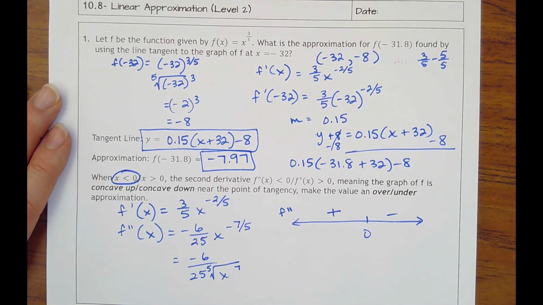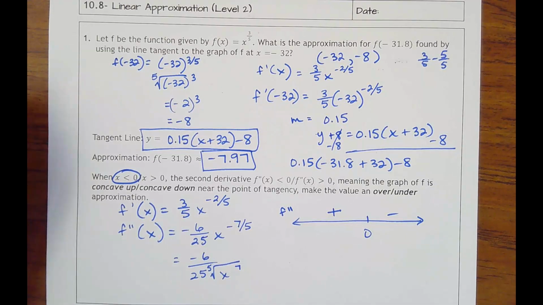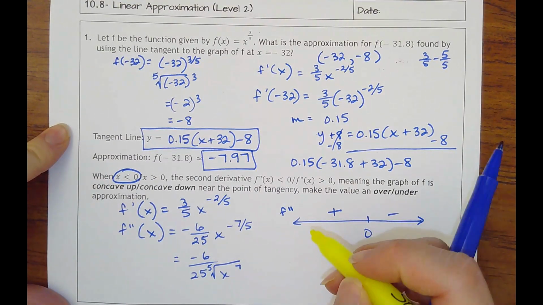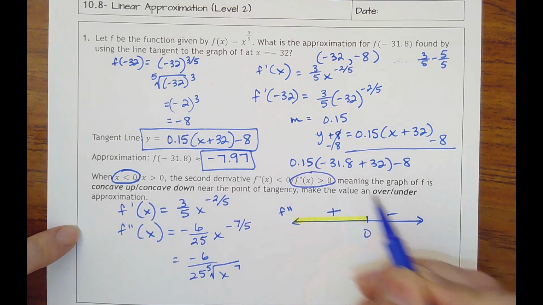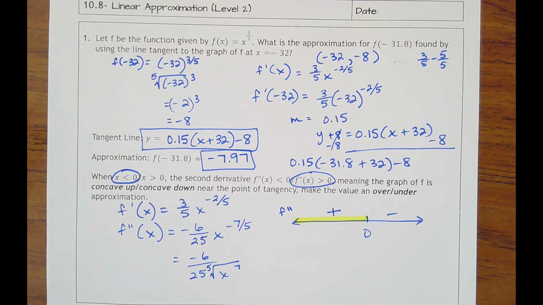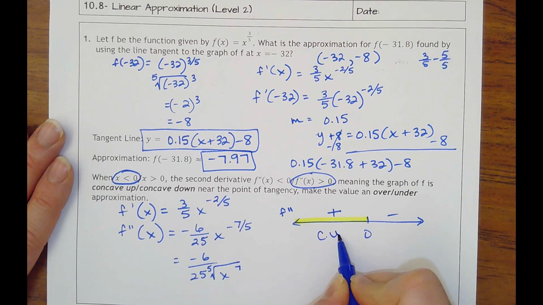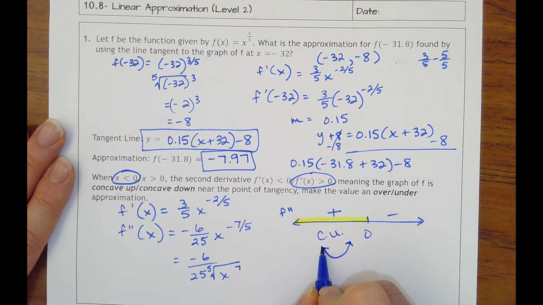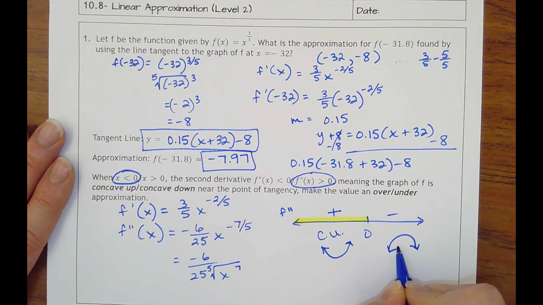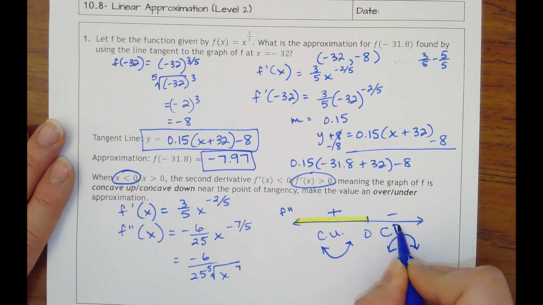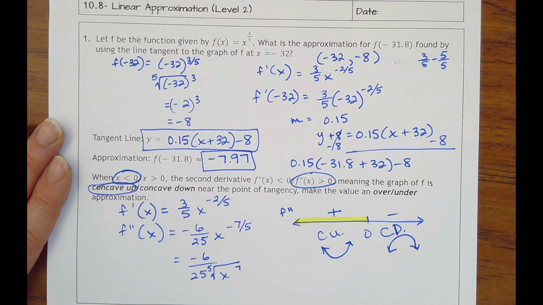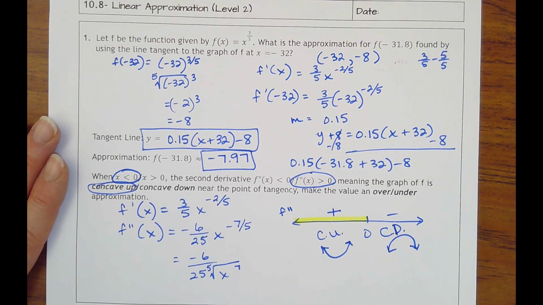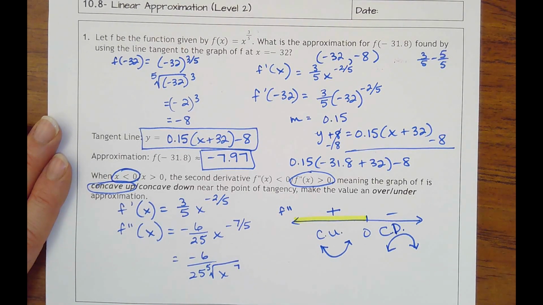The second derivative, what we just found, is positive, greater than 0. And what that means is it's concave up, like this, where this is concave down. So we're going to put concave up.